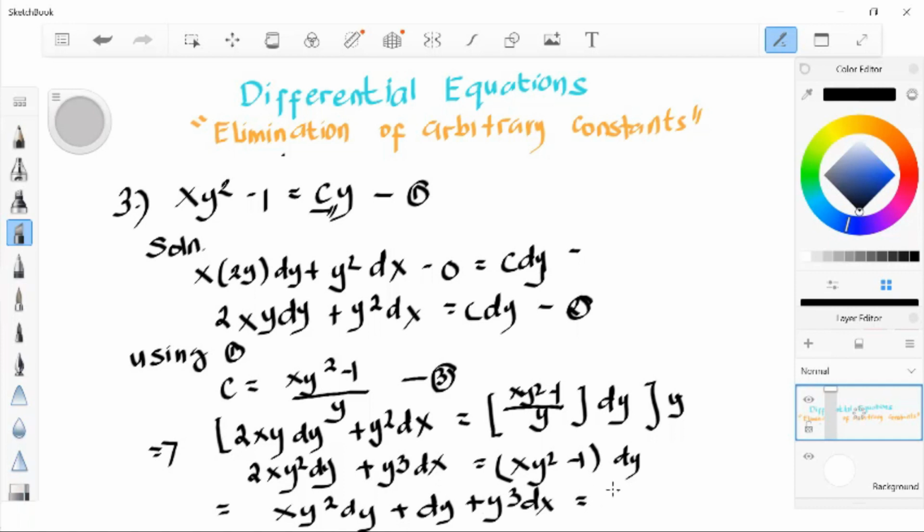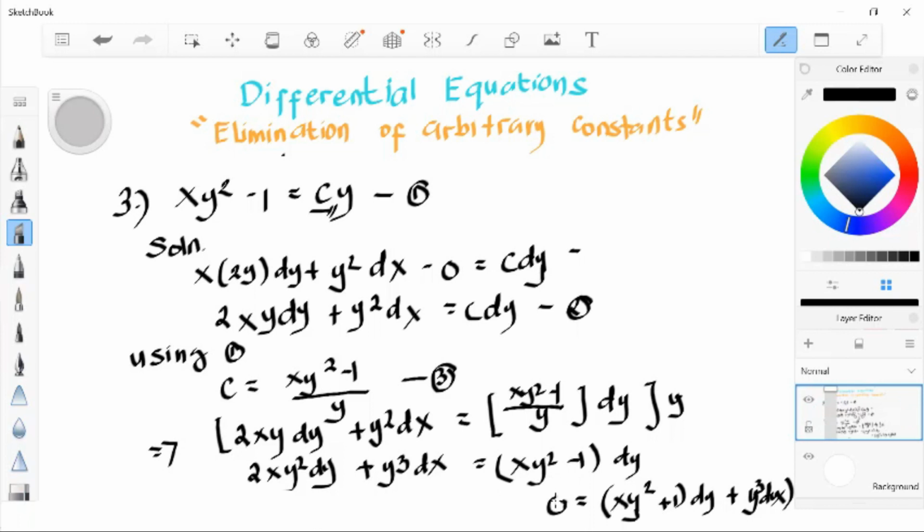And for further simplification, the final answer would be xy squared plus 1 dy plus y cubed dx, which is equal to 0. That is the final answer.